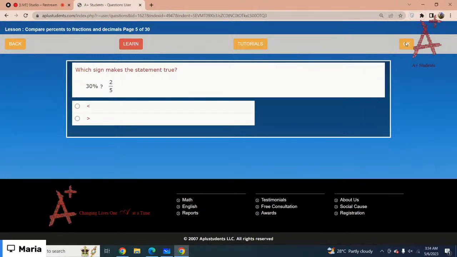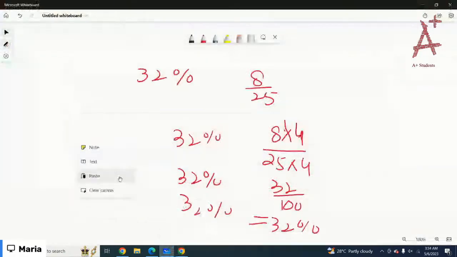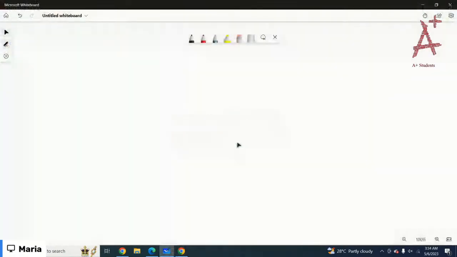Okay, the next one is 30% and 2 over 5. Convert the fraction into percentage form.